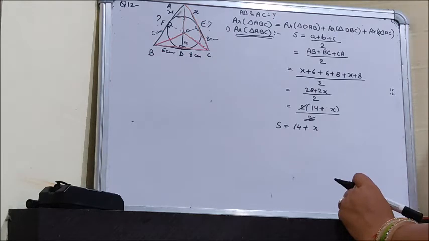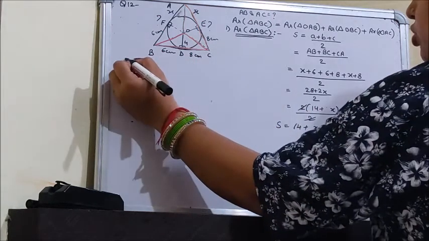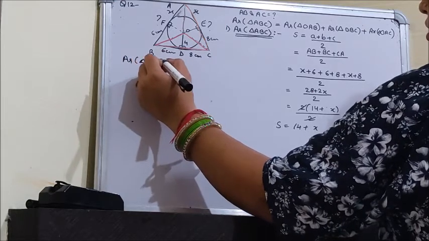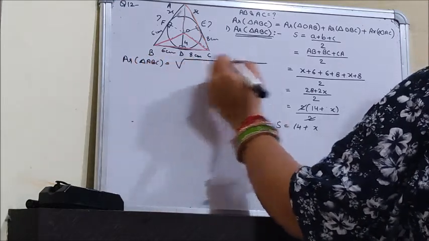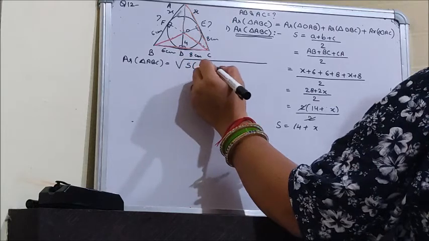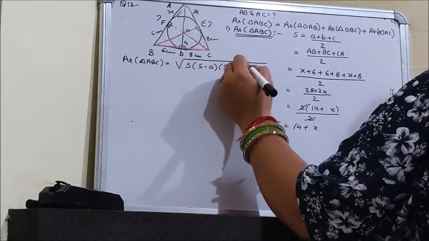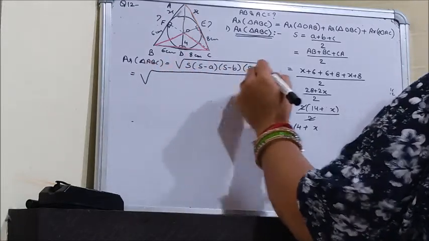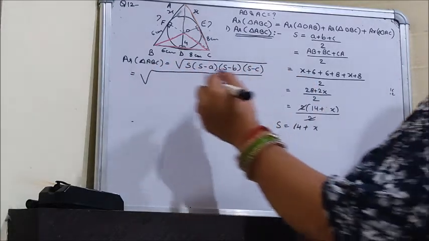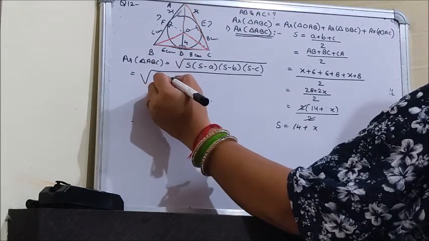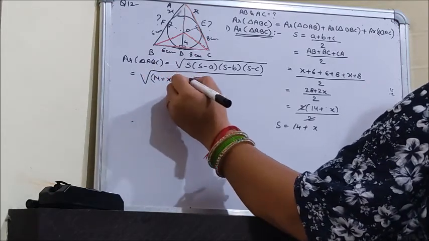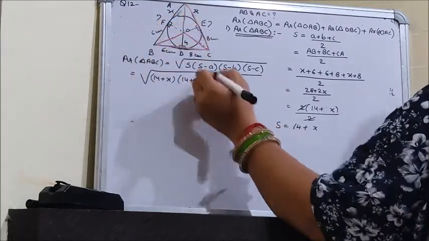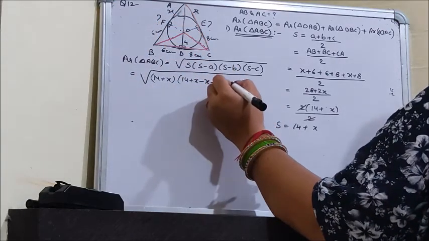Now what is Heron's formula for finding the area of a triangle? According to Heron's formula, area of triangle ABC is equal to under root s into (s minus a) into (s minus b) into (s minus c). So one by one you will put all these values. S is 14 plus x, so 14 plus x in one bracket. 14 plus x minus a; a means if I am taking this, so minus (x plus 6).